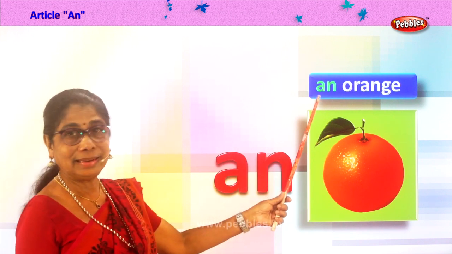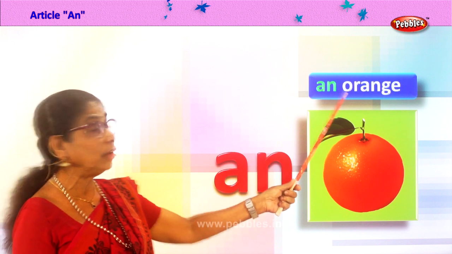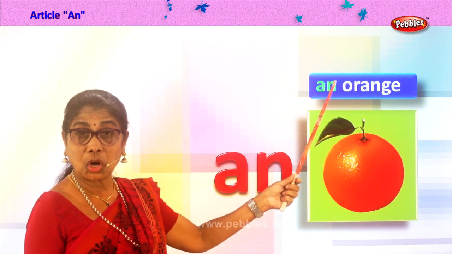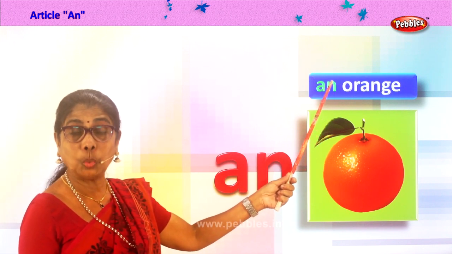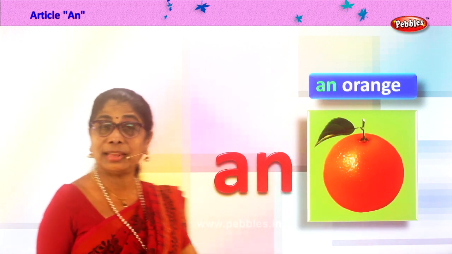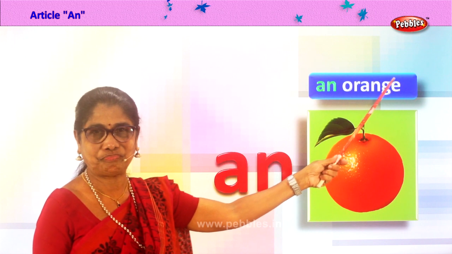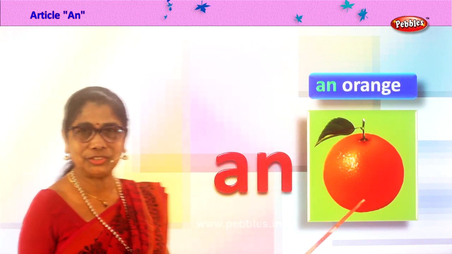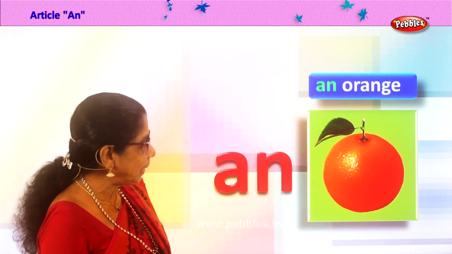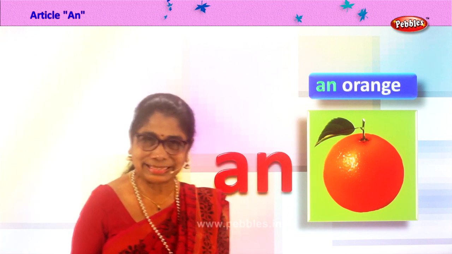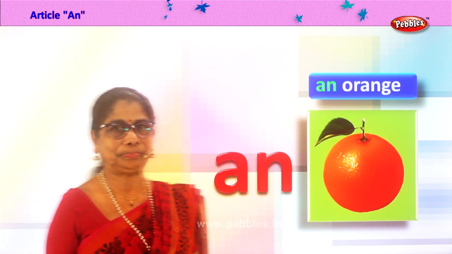Article an is placed before vowel O because orange begins with O. Spell orange. O-R-A-N-G-E. Orange. An orange. Isn't it looking juicy? Yummy? Yes. Let's take a new picture.